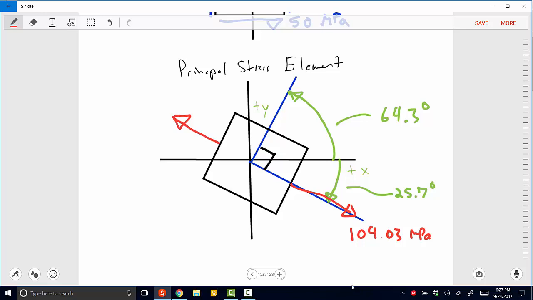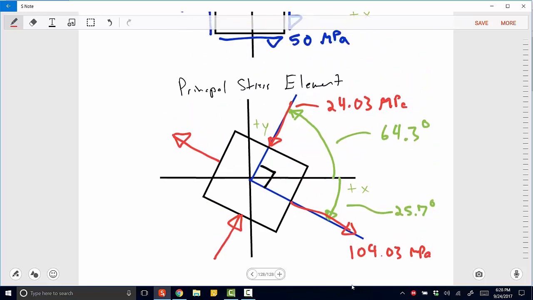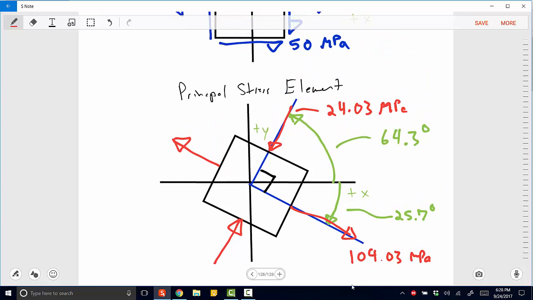And then our line here, which is from the positive x-axis up 64.3 degrees, well, that's associated with our sigma 2, which is 24.3 megapascal. Of course, it's negative, so we're putting this element in compression. And to maintain equilibrium, on the other side, we're going to also be going inwards.